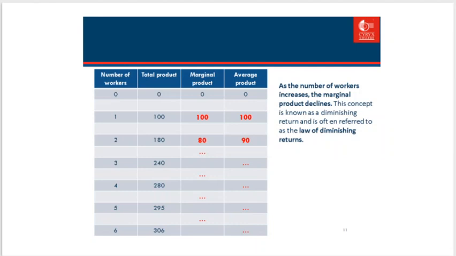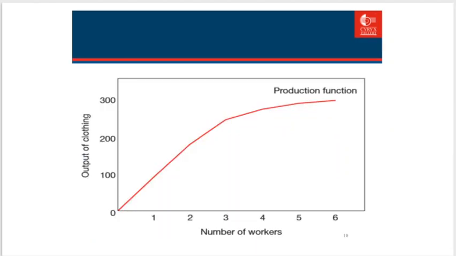How much is the marginal product? 180 minus 100, we will get 80. How about the average product? Average product is 180 divided by 2. So we will get 90, and so on.